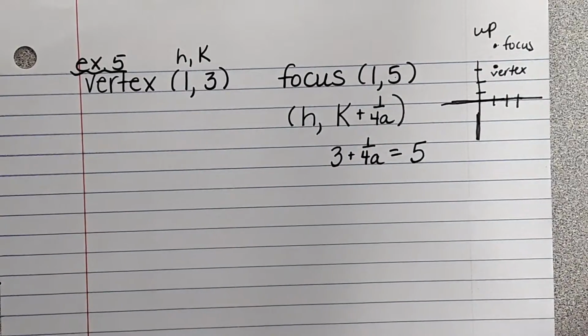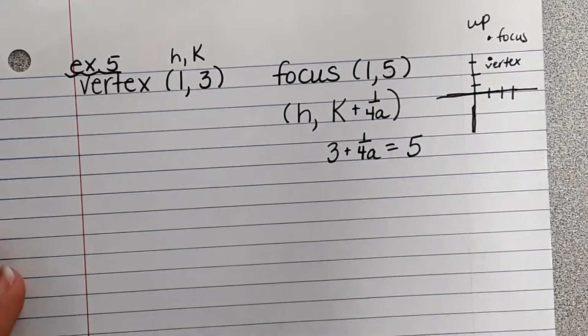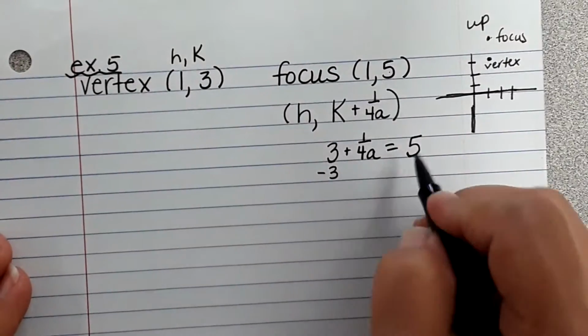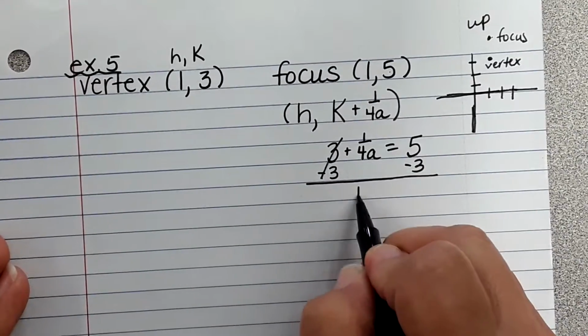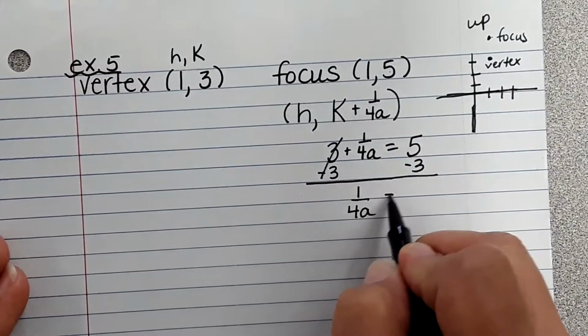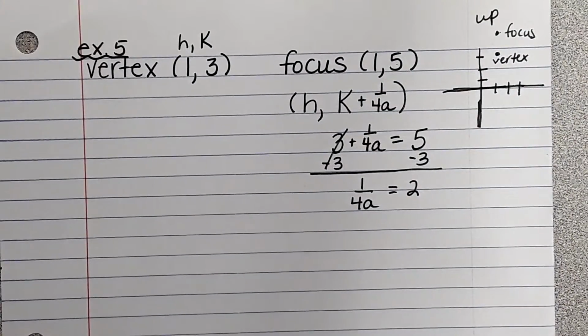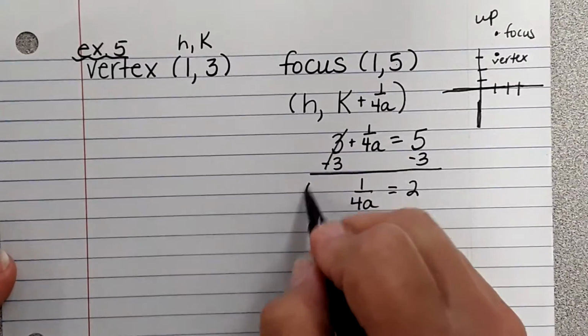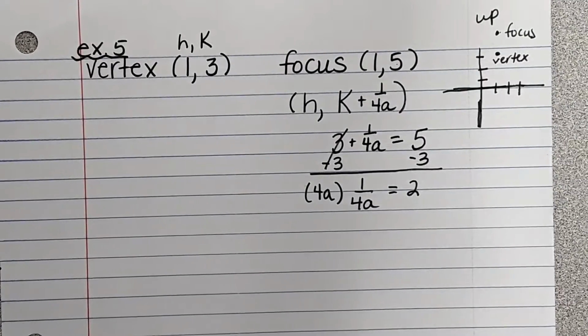So what you're going to have to do, you guys, is find a. Usually that's what you're going to have to do. So now how do we solve this equation? We're going to subtract 3 from both sides. I'm left with 1 over 4a equals 2. Now what do I have to do? Multiply both sides by 4a, because you need to get the 4a out of the denominator of the fraction.